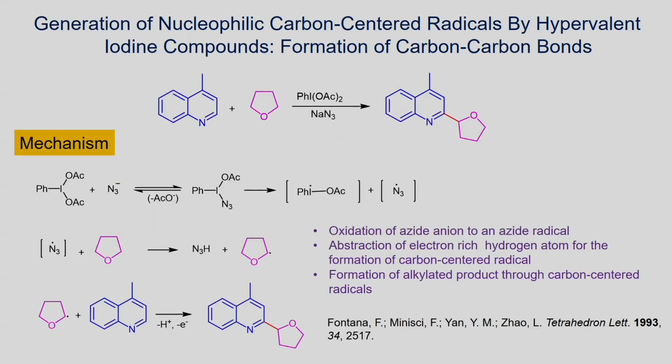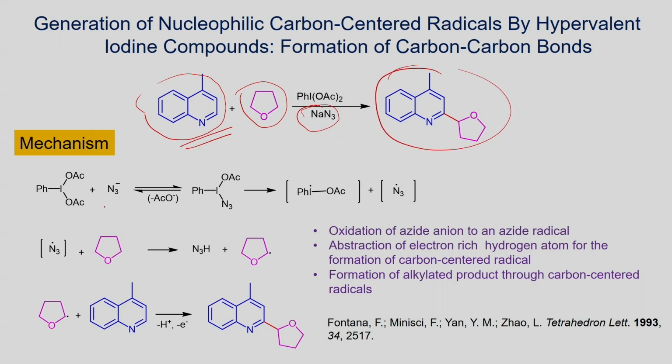Here another example is shown. Here the reaction of quinoline is shown, it can react with the THF, in the presence of iodobenzene diacetate and sodium azide to give this compound.